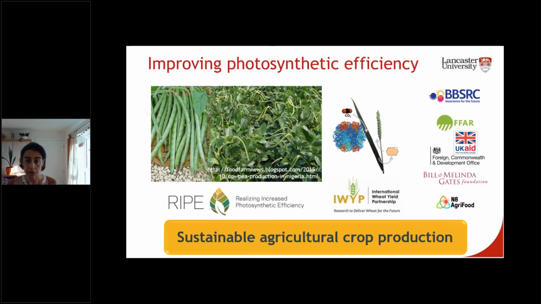We also get some funding from the N8 Agri-Food. And so this work really aims to contribute towards a more sustainable agricultural crop production by making plants more efficient, produce more of our products with less resource.